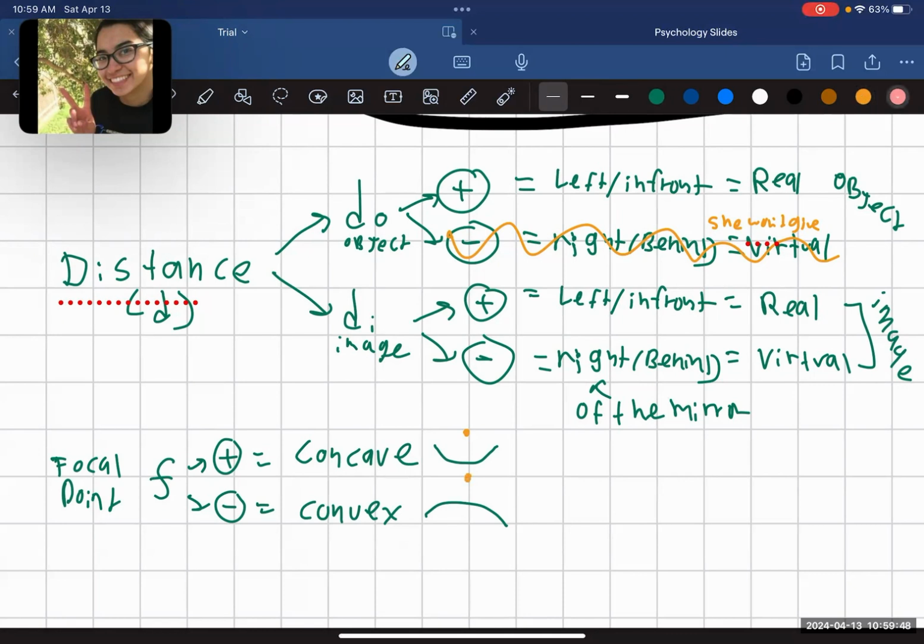Remember, this is where we drew the light. If it is concave, and that means that your focal point is positive, then you have it in front of your mirror.